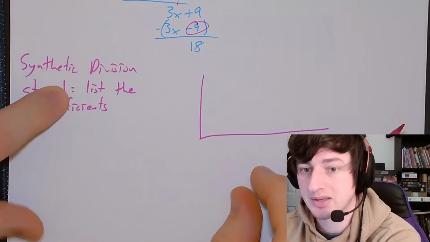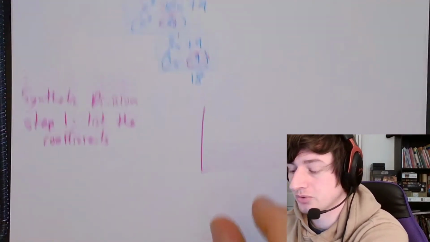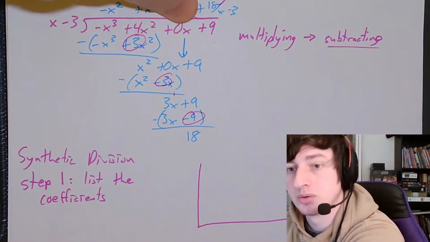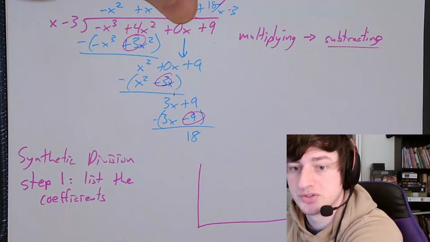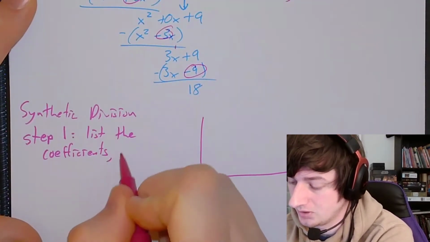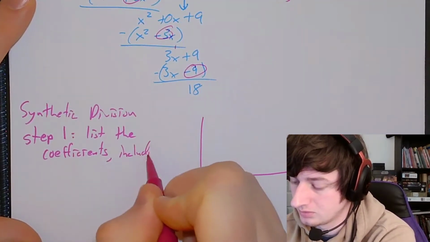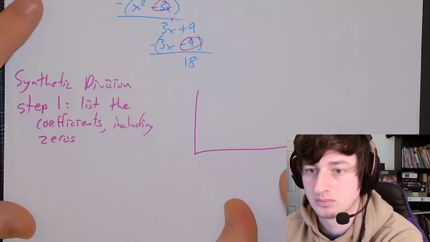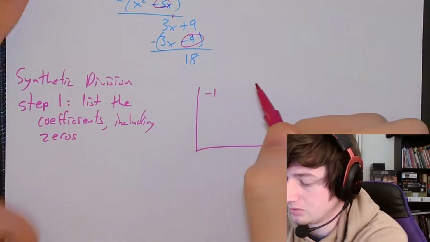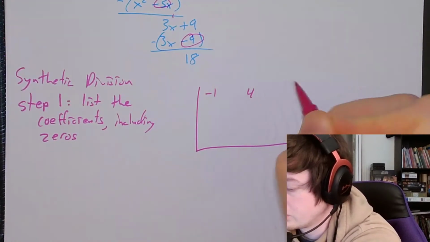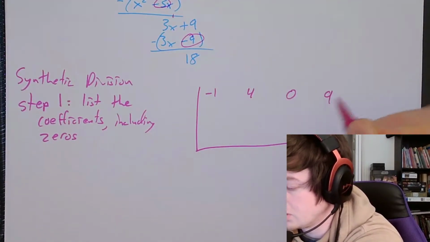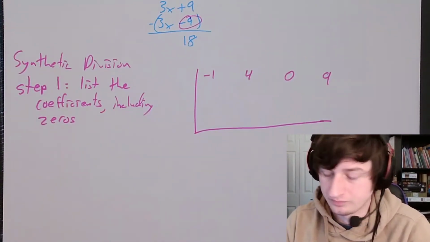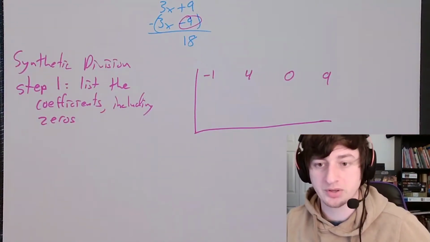We're doing the same problem, so I'm going to use -1, 4, 0, and 9. We need to include the 0. Including zeros. So it was -1, 4, 0, and 9. I'm just going to list those out. I'm going to need more colors, but that's fine.